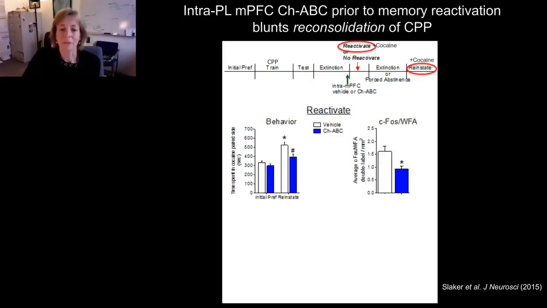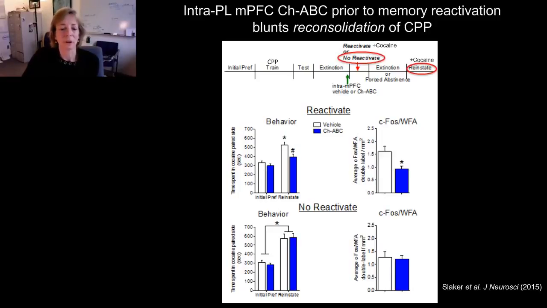Of course, we have to know that the treatment with CHABC by itself does not somehow just impair memory, whether it's reactivated or not. So we have a control group of no reactivation. So that is, these animals received vehicle or CHABC in the home cage, and that's it. And then they were tested later for reinstatement.